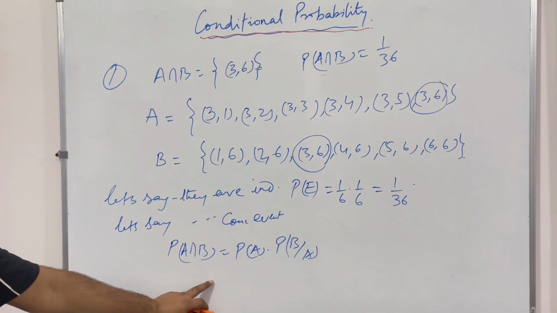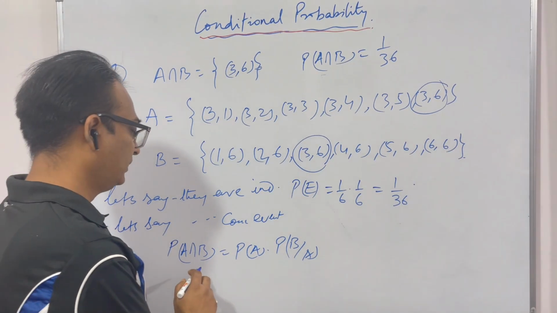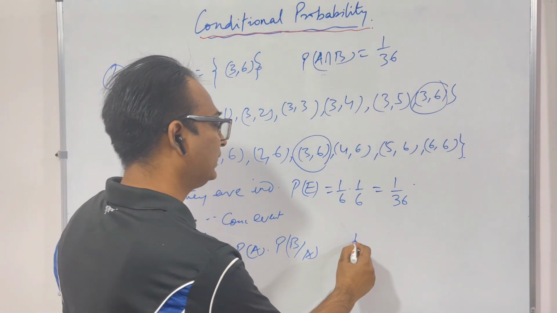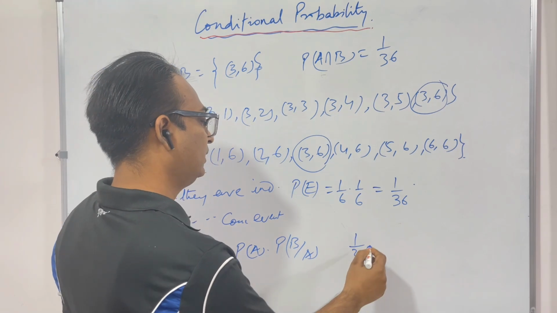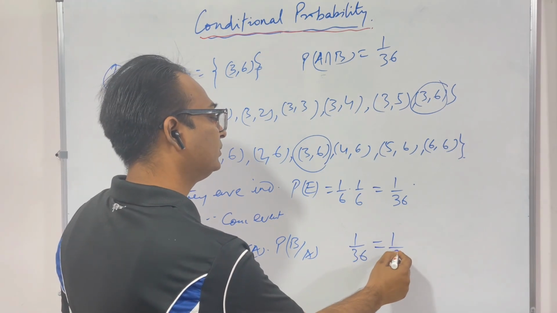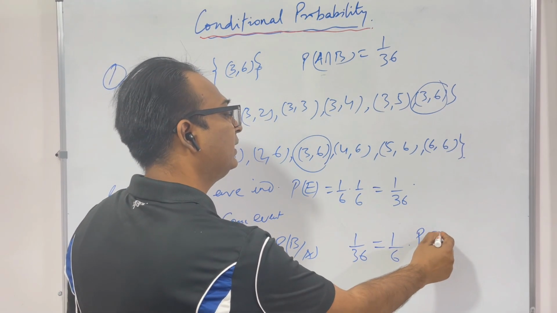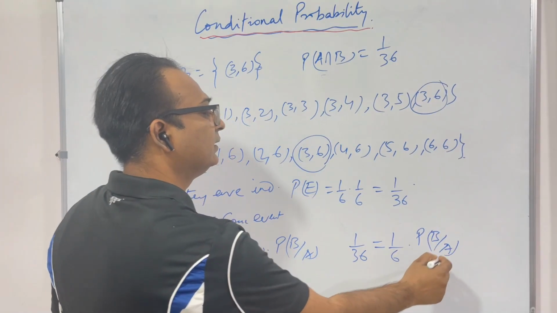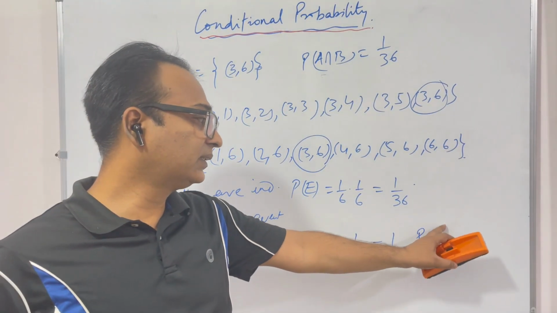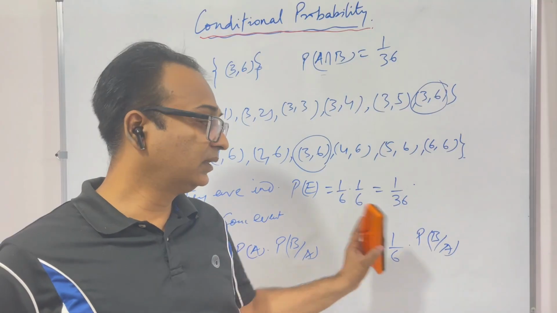Now in this formula we have 1 by 36 equal to P(A), that is 1 by 6, into P(B/A), that is the probability of occurring a 6 when a 3 has already occurred.